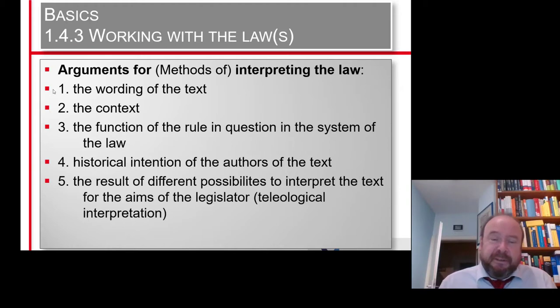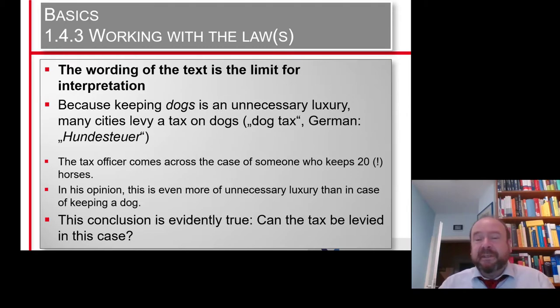And so we have up to 5 traditional methods how you can argue about the potential meaning of a law. And naturally, you can very often find arguments from the one or other method and contradictory arguments from the other ones. And so in the end, sometimes you need a court decision on what has really been meant. Good.